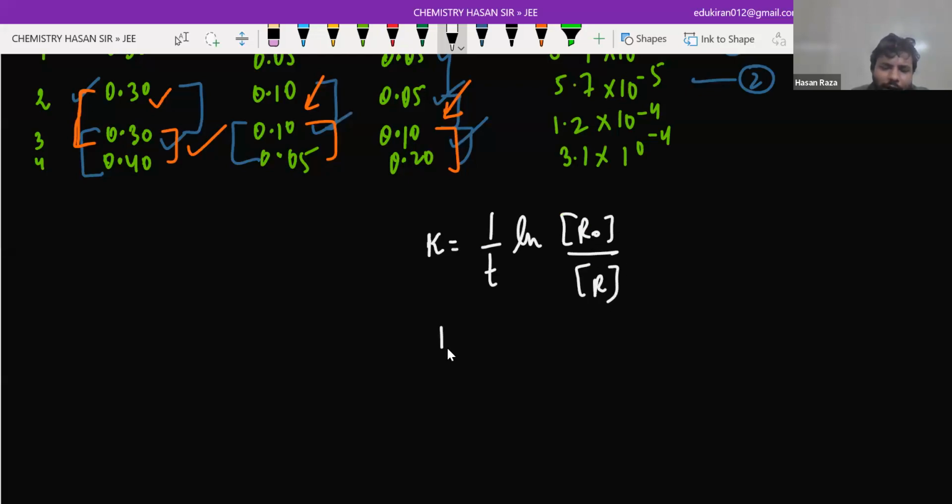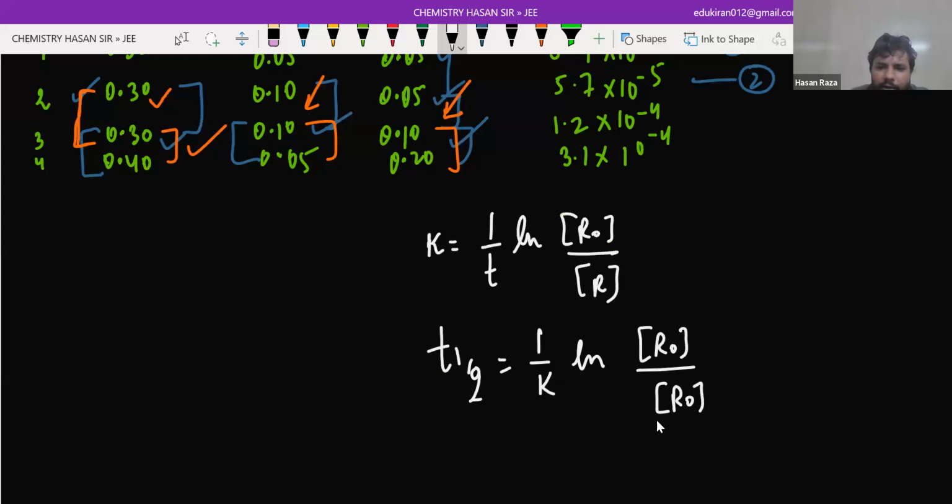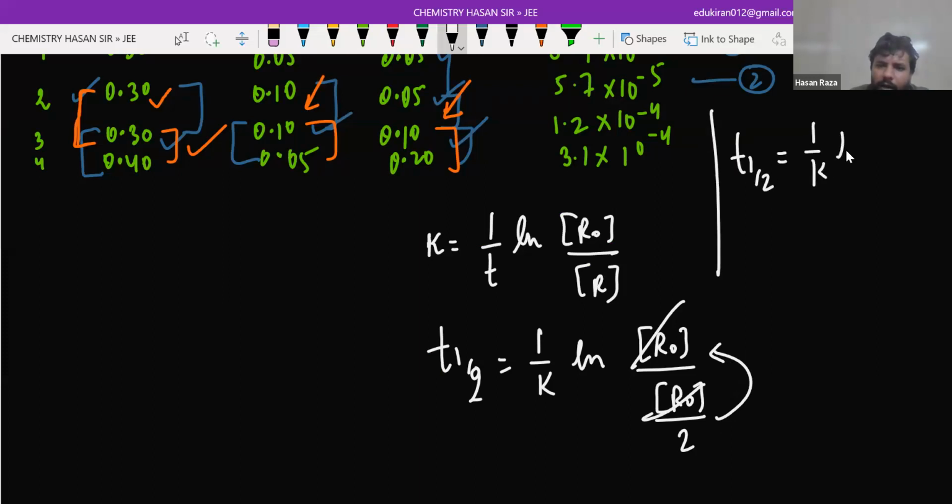So for t half, it will be 1 by k ln. Initial concentration will be as it is. The final will be half of the initial. So this cancels, 2 will come in the numerator, and you will be getting t half is equal to 1 by k ln 2. So t half is equal to ln 2 by k.